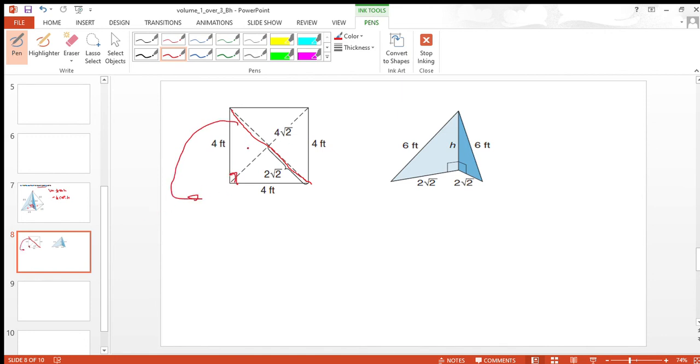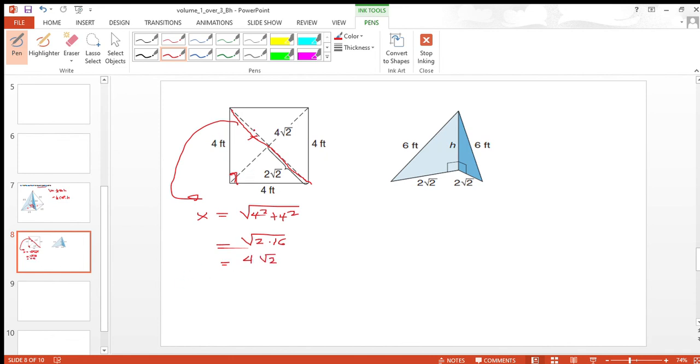If we call that x, x will be equal to the square root of 4 squared plus 4 squared by the Pythagorean theorem. That is 16 plus 16, 32, or 2 times 16. The square root of 16 is 4. So that's 4 square root of 2.